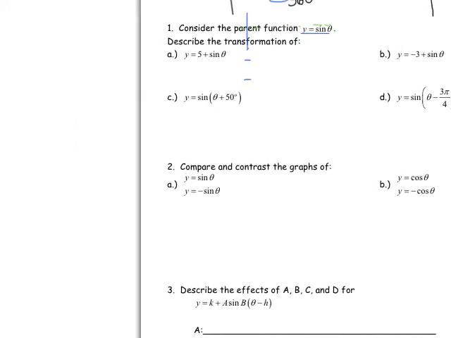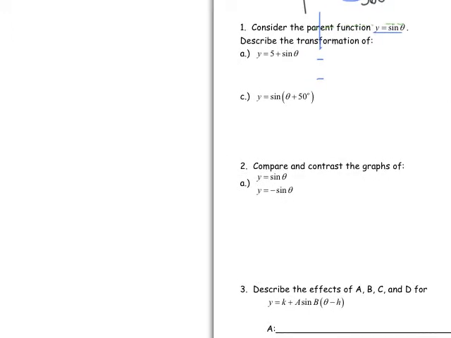I'm going to come over here again. So typically this is 0 to 360. So my sine function normally looks like this. Well, if I take this whole thing and I move it left 50, normally I start at 0, so when I move it left, I'm going to have to come over here to the negative.